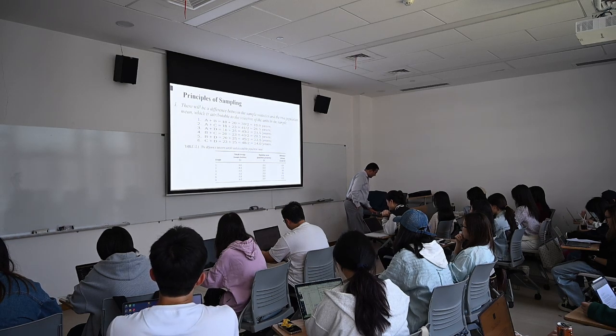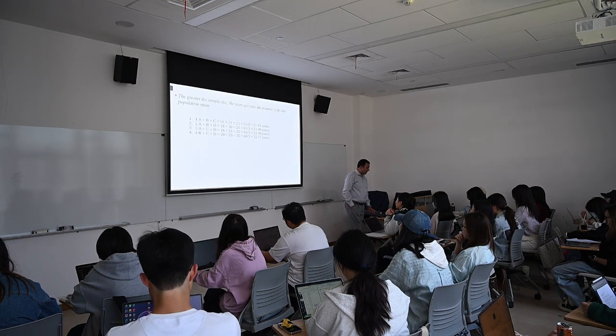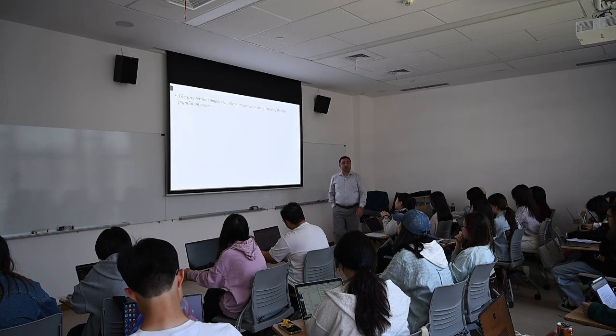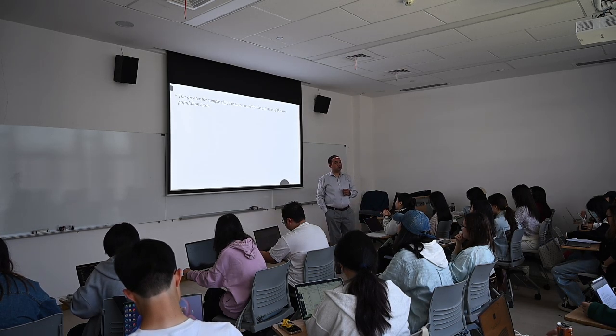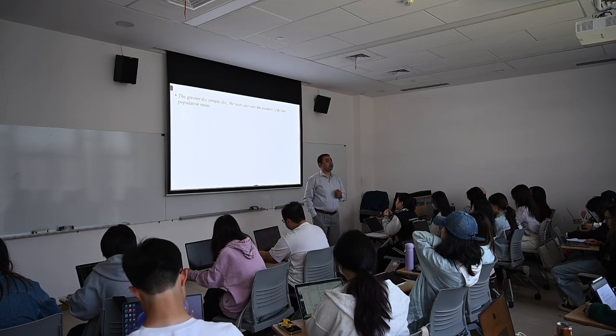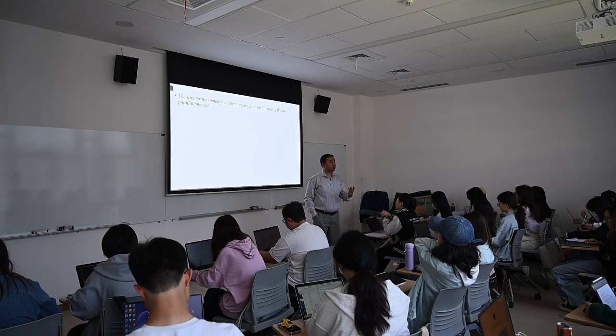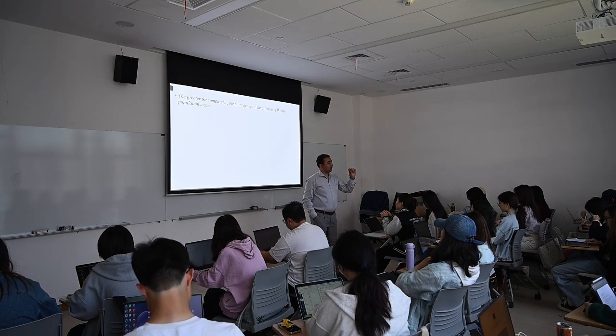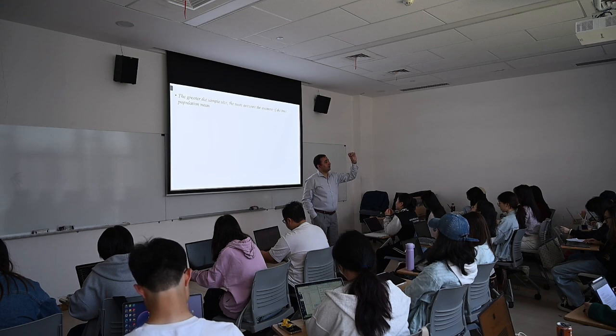Principle number 2. If you increase the sample size, in the previous slide, what was the sample size? 2. Now, if you want to increase the sample size from 2 to 3, what will happen? The difference between the sample statistic and the population parameter, I mean the difference between the mean of the sample and the study population, will decrease.